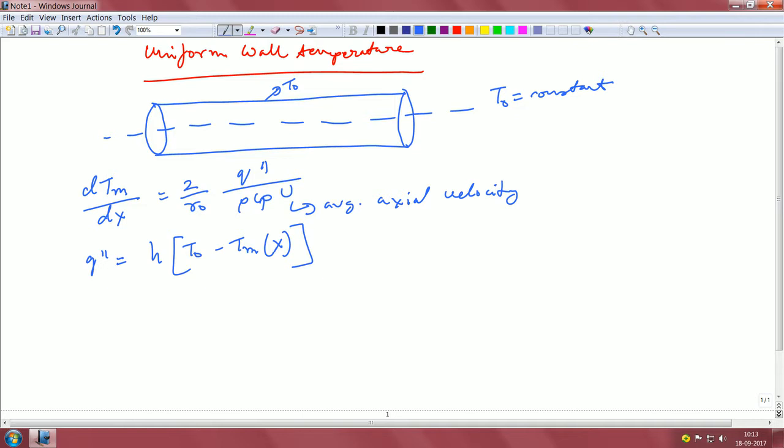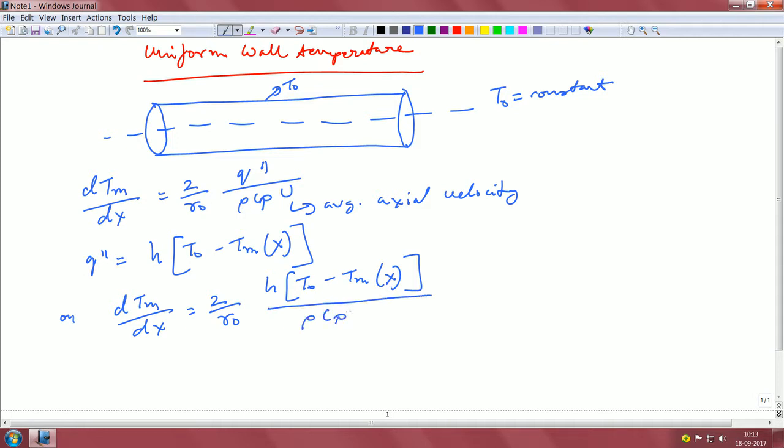That was also kind of given, or in other words dTm by dx equals 2 by R naught H times T naught minus Tm as a function of x divided by rho C_p U, or dTm by T naught minus Tm equal to 2 by R naught H by rho C_p U into the corresponding dx, right.